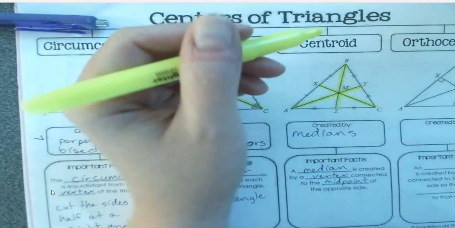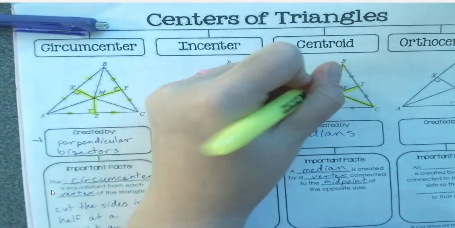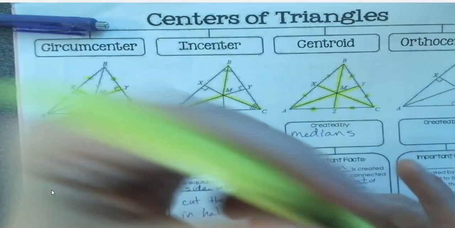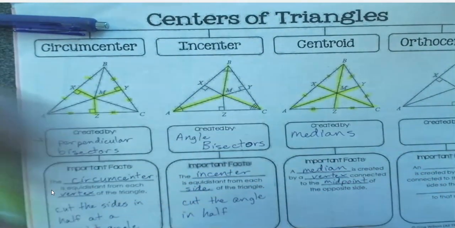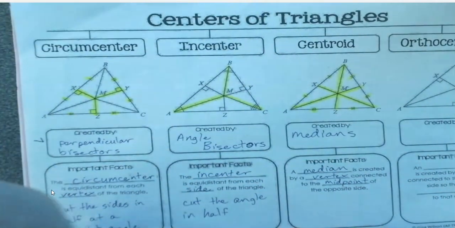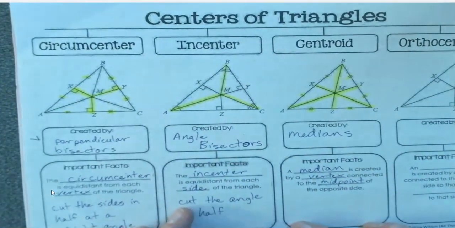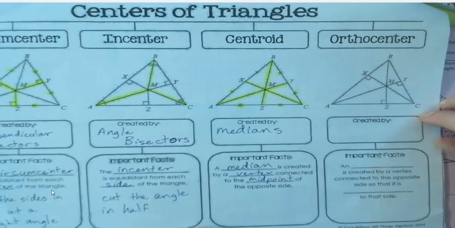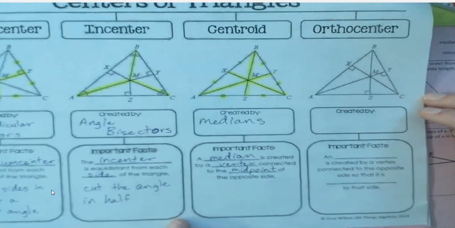For these, all the sides are cut in half by X, Y, and Z. Okay, and that's pretty much it for centroid.